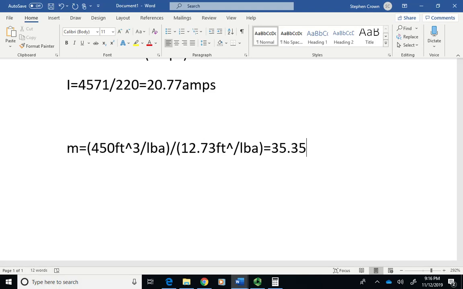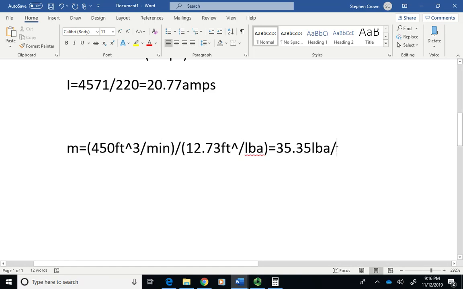That's going to be pounds of air per, sorry, cubic feet per minute, so that's going to be pounds per minute. And then times 60 minutes per 1 hour. So that times 60 will be pounds per hour.